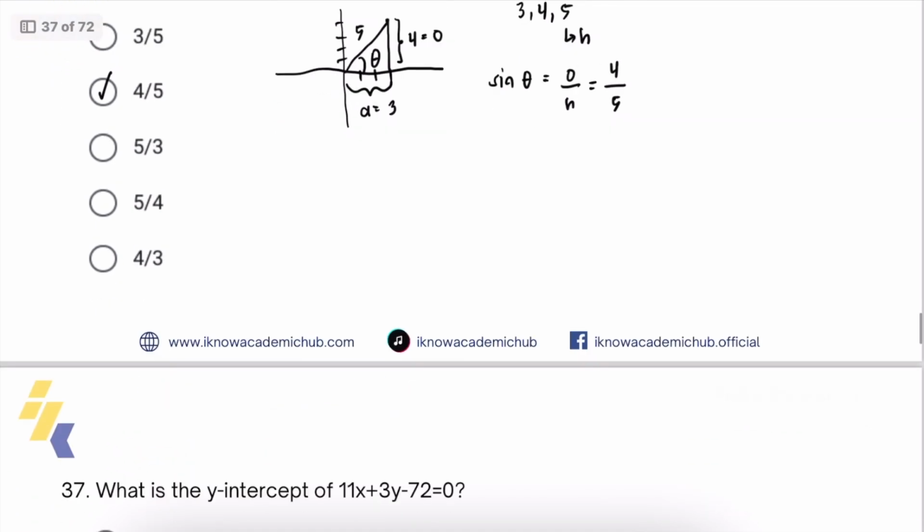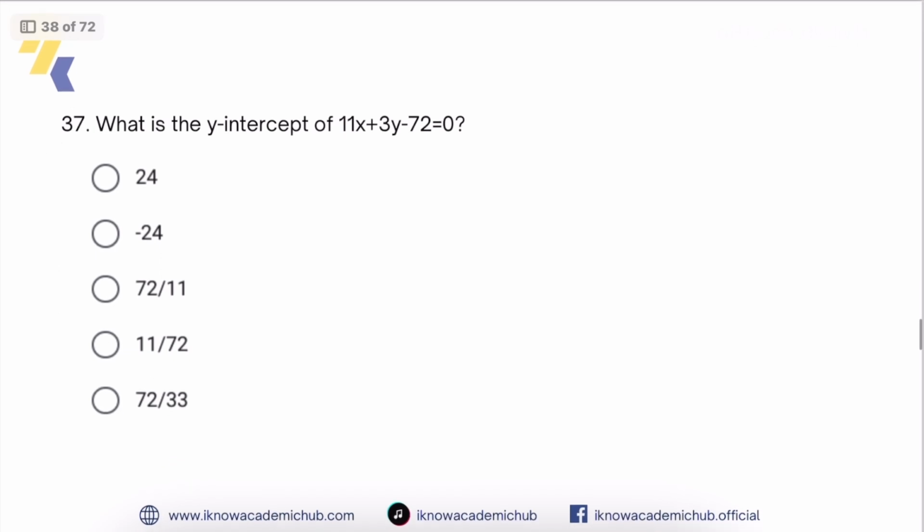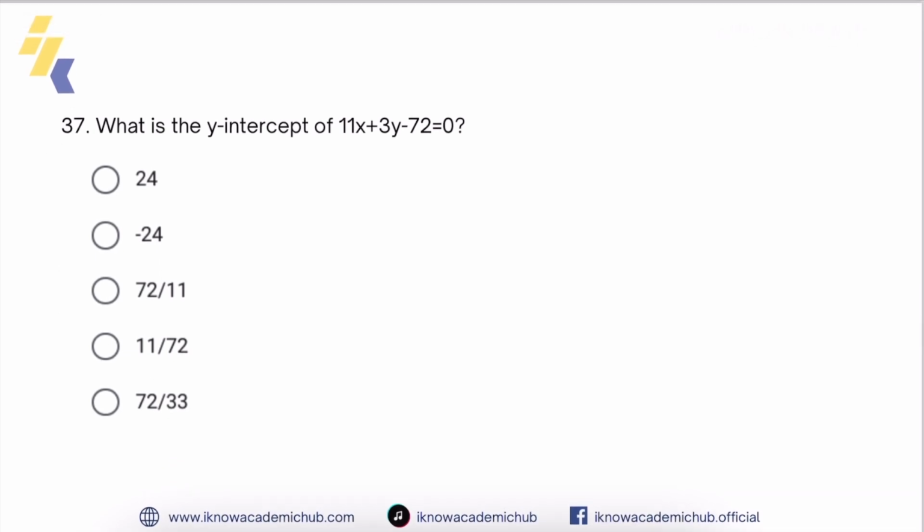Okay, next number. We have, what is the y-intercept of 11x plus 3y minus 72 equals 0? Remember that the equation of the line is y is equal to mx plus b, where m is the slope and b is the y-intercept. So we have to isolate the term with y.